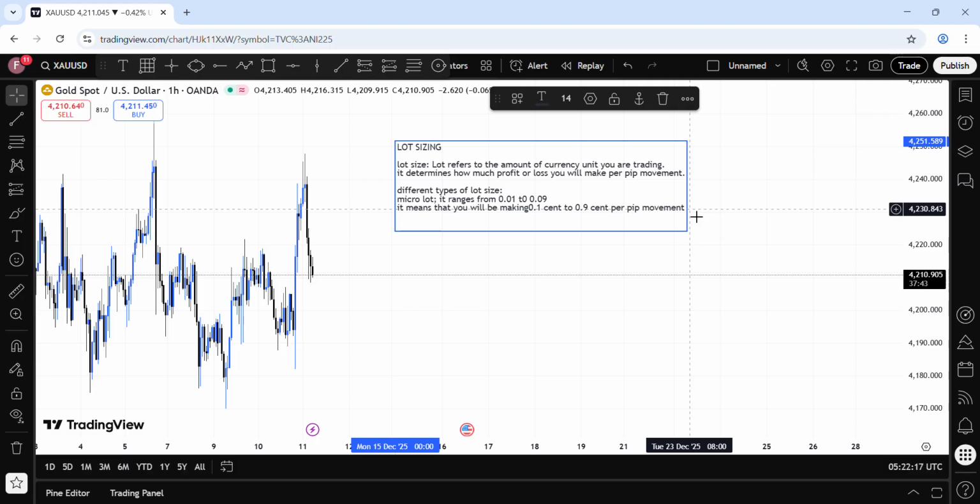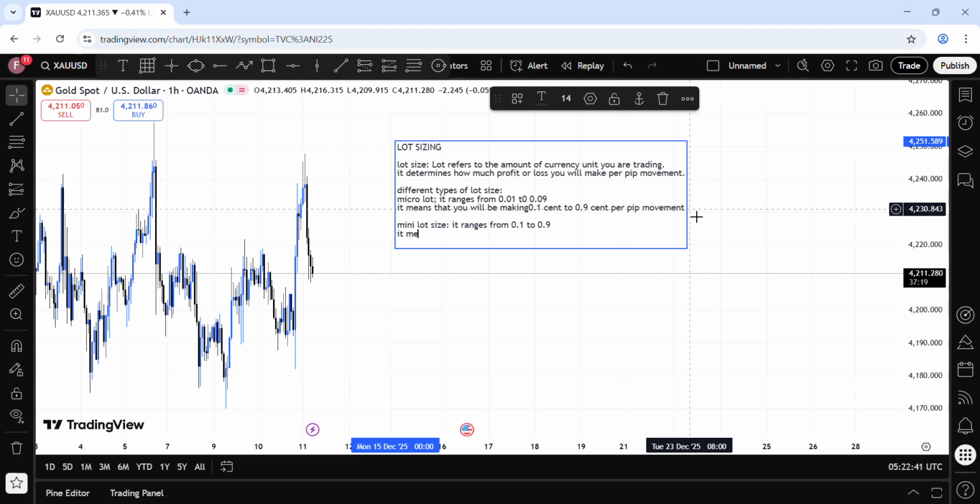Then we have the mini lot. The mini lot size ranges from 0.1 to 0.9.